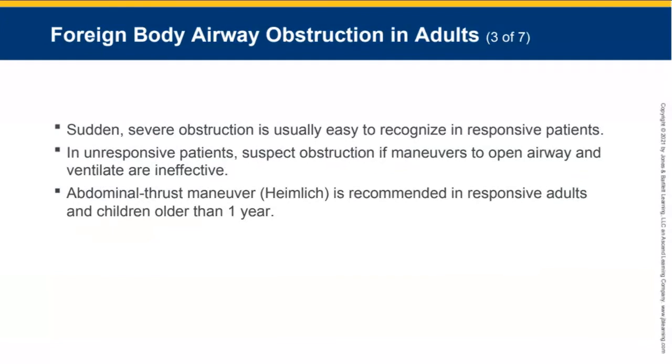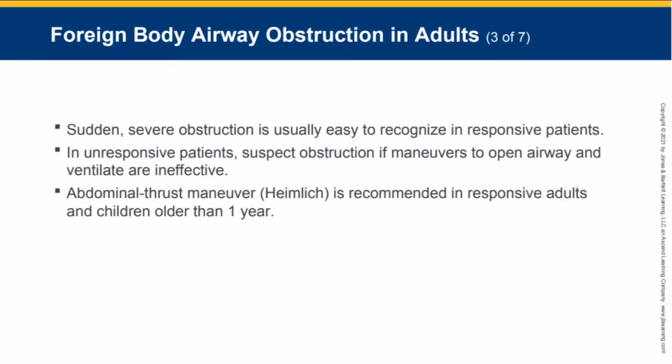Sudden severe obstruction is usually easy to recognize in responsive patients. In unresponsive patients, suspect obstruction if maneuvers to open the airway and ventilate are ineffective. So if you position a patient's airway and you're not able to ventilate adequately, reposition and make sure you open the airway properly.